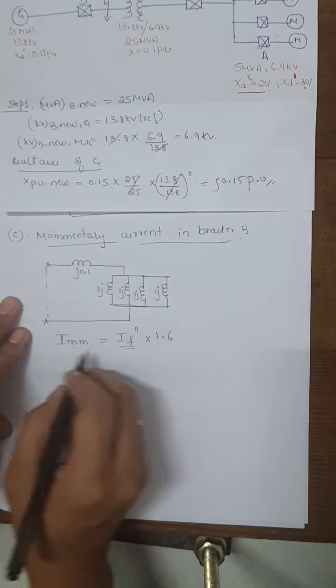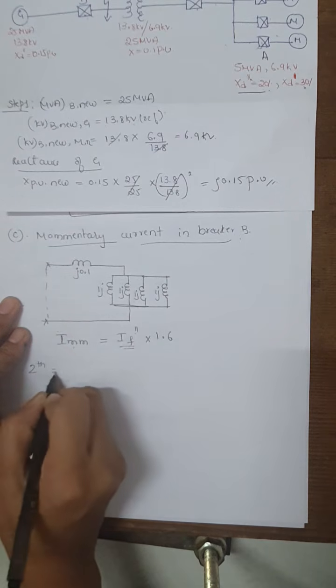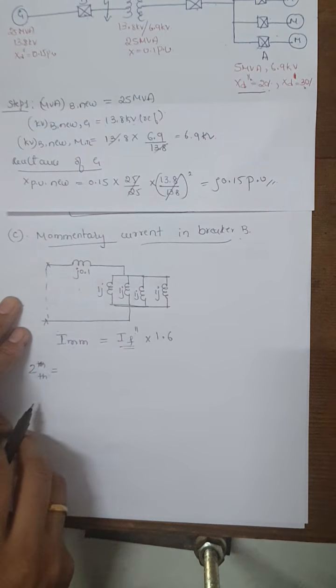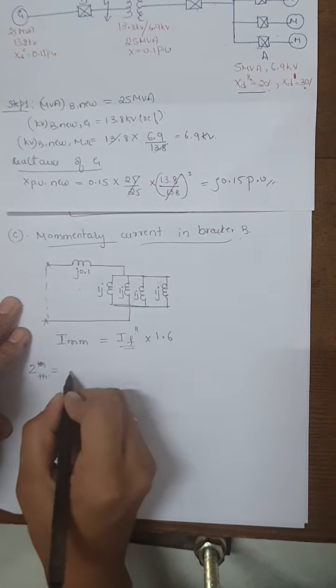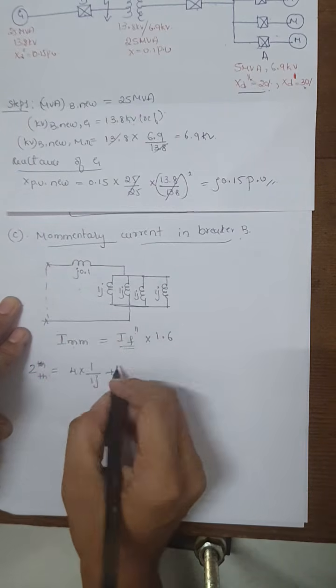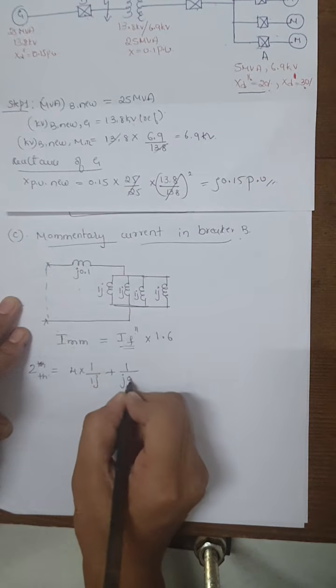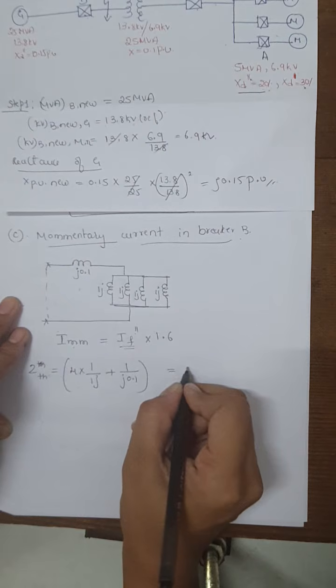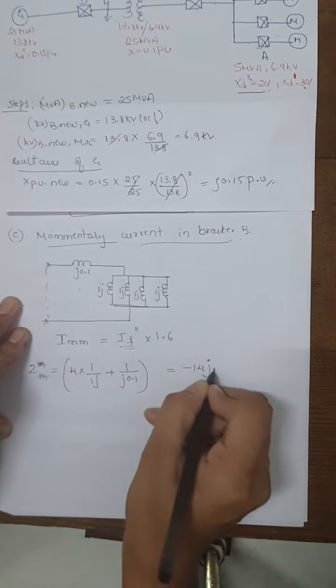First we need to find out the ZTH for the above reactance diagram. Here the four reactances J1 are connected in parallel, and it is connected in series with one more reactance J0.1. So we will get the answer for ZTH as J14.